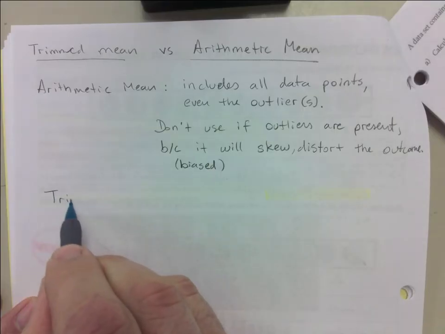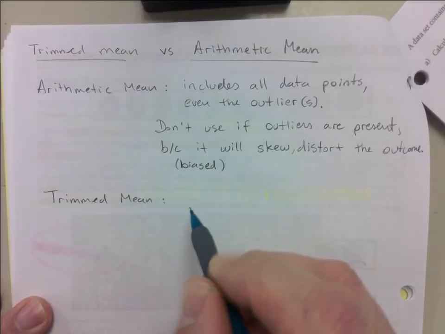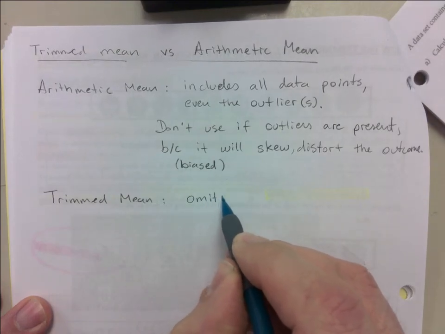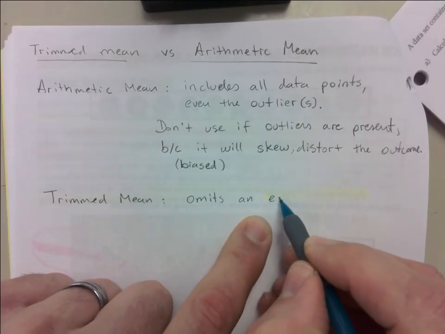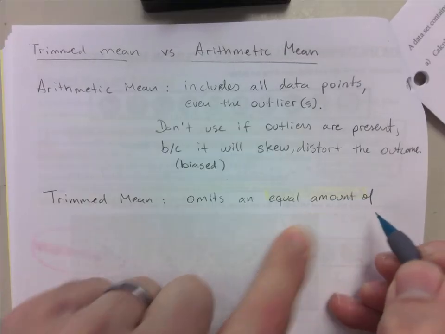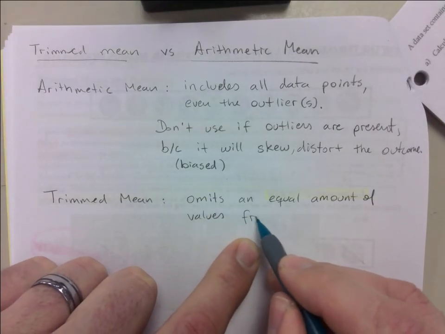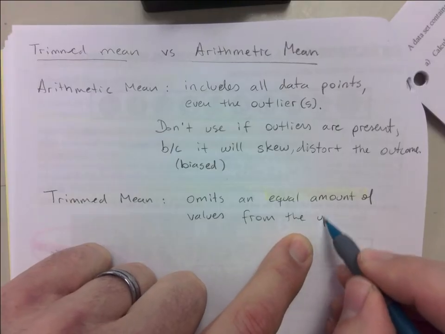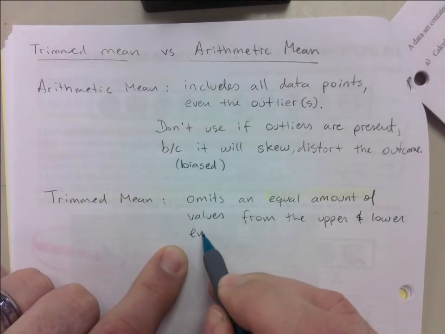Trimmed mean omits an equal amount of values from the upper and lower ends.